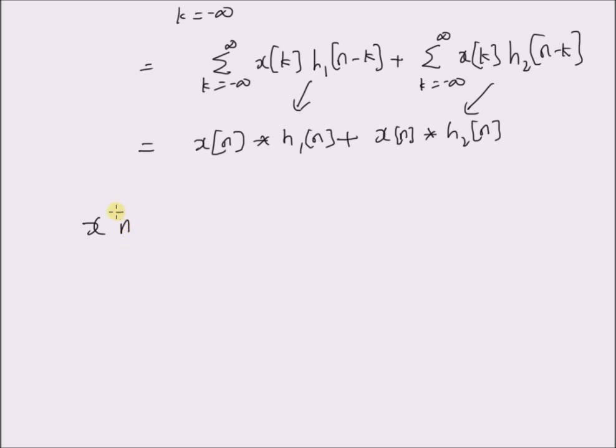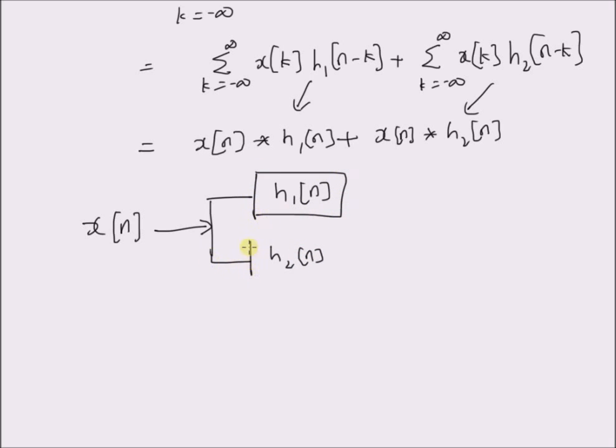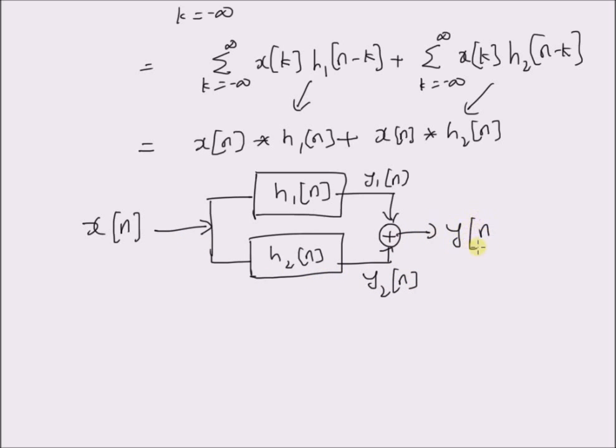Now let us look at the block diagrams illustrating this distributive property. That is, when we have an input x of n going through two parallel systems h1 of n and h2 of n, and then the outputs are added, that is y1 of n is the convolution of x of n with h1 of n, and y2 of n is the convolution of x of n with h2 of n, and the final sum is y of n.